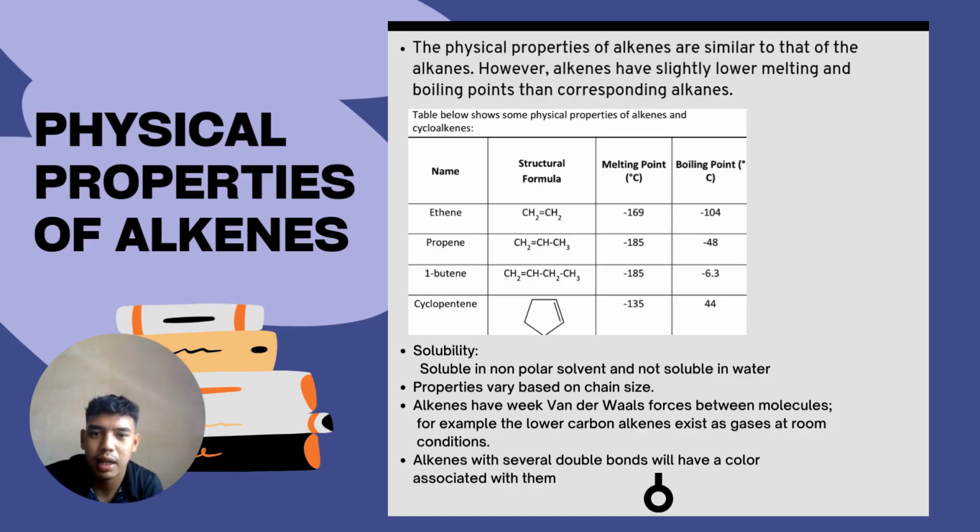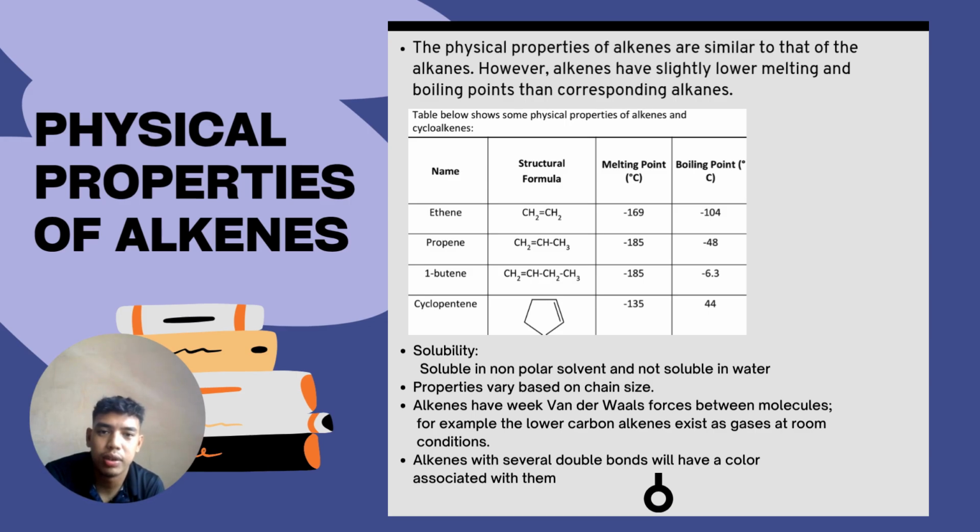For example, ethene has a boiling point of negative 104 Celsius, while 1-butene has a higher boiling point of negative 6.3 Celsius. This is because larger molecules have stronger intermolecular forces.